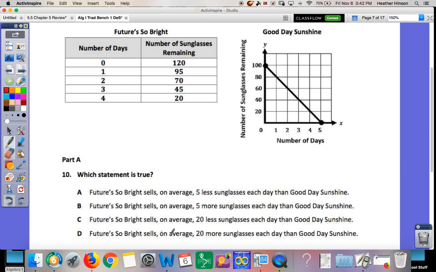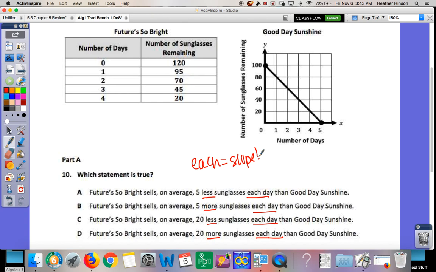We want to know who sells on average either less sunglasses or more sunglasses each day. Each day should be a very big red sign. What does that mean we're looking for? Are we looking for a slope or are we looking for a y-intercept? Each is a slope word, a rate word. So we want to find our slope.